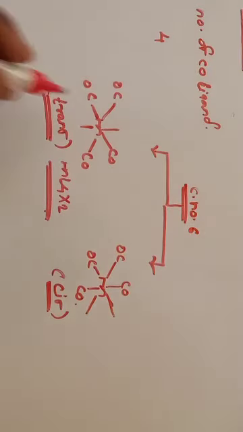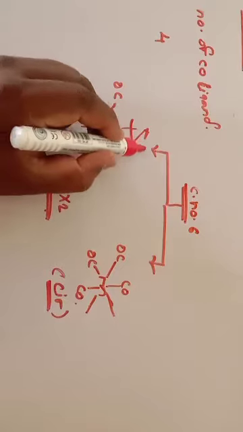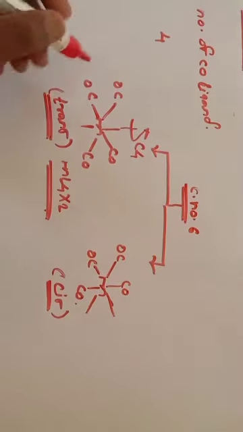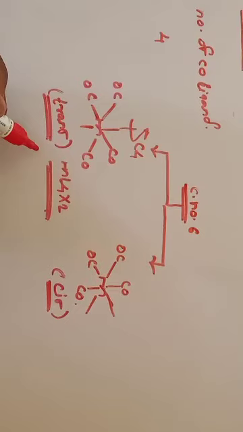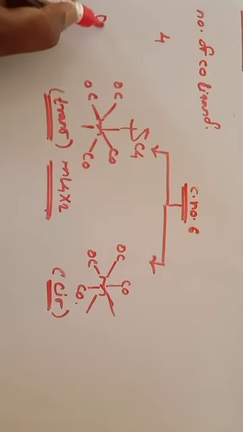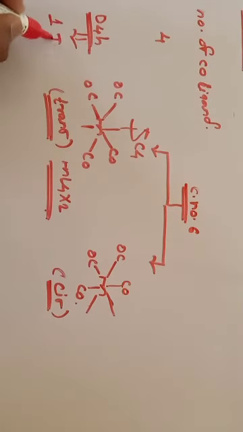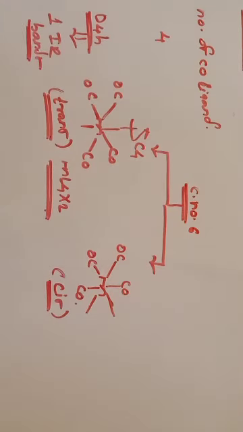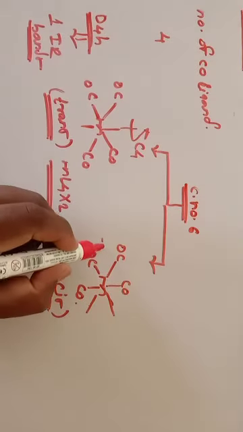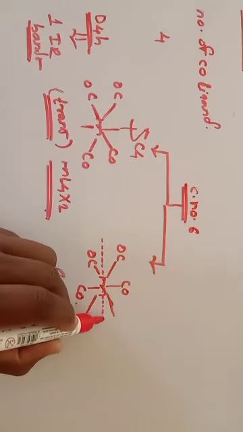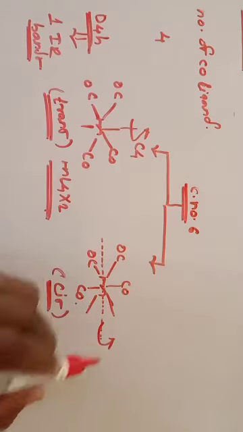So in this case, the principal axis is the C4 axis, and the perpendicular C2 is also present, and therefore the point group of this trans isomer is D4H, and we get only one IR band. But if you consider the cis one, again if you pass the axis, it will divide the molecule into 2 equal halves.